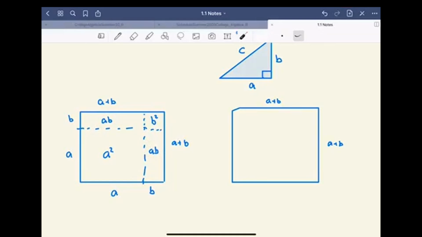Okay, now we're going to go over here, we're going to do this again, but we're going to split it up differently now. We're going to start out the same way here with A, here with B. But now here, we're going to make this side A and this side B. Still haven't done anything different.